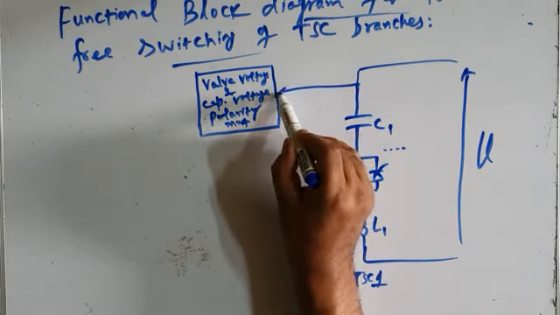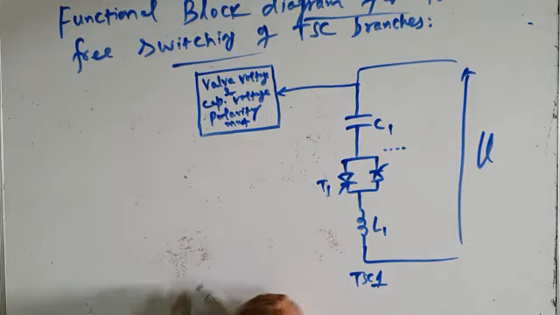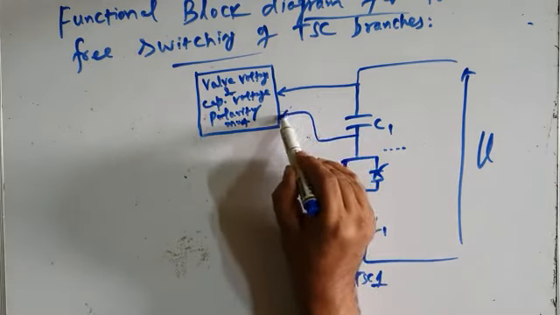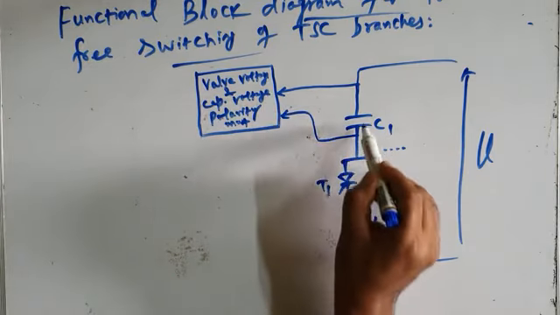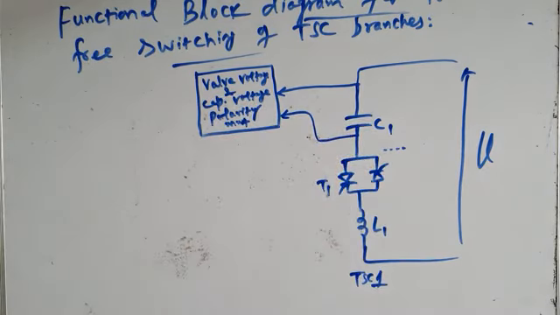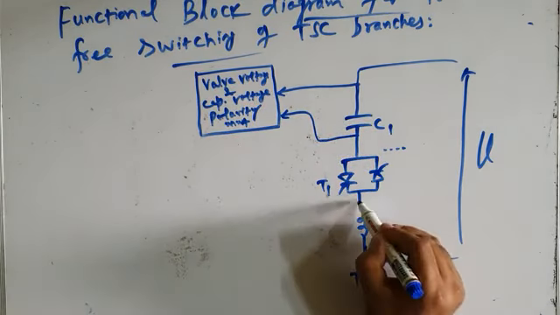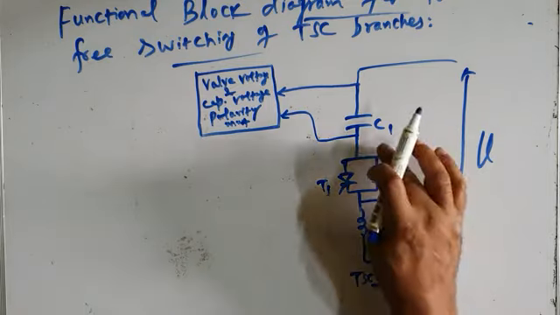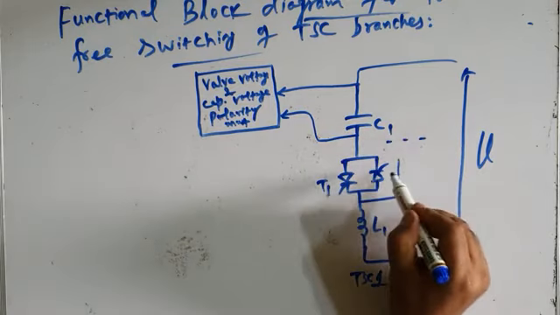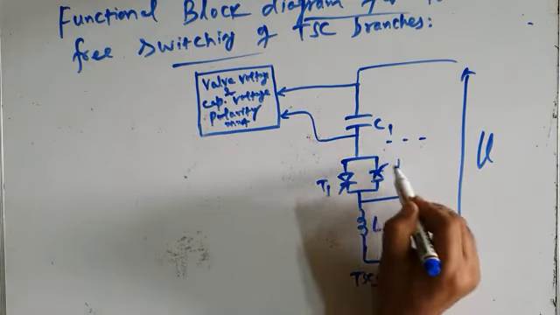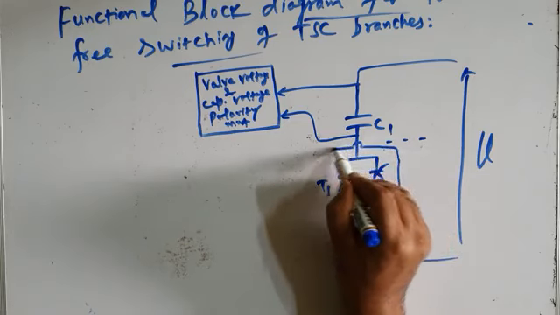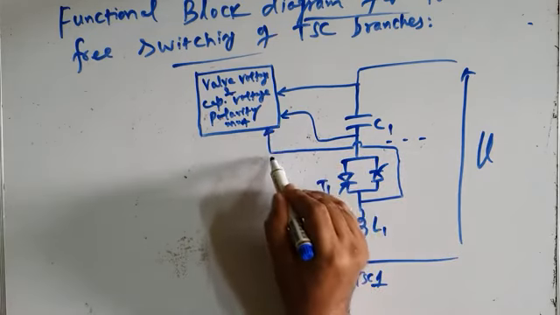A voltage sensor is placed across the capacitor, and the voltage is sensed, and the sensor gives information about the capacitor voltage to this block. Simultaneously, it also gives information. There is another voltage sensor here across the thyristor switch, and this voltage sensor senses the thyristor voltage Vt.